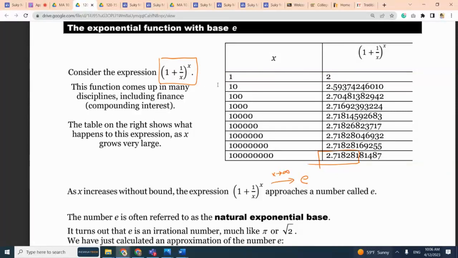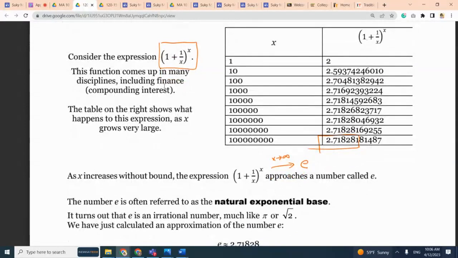When you plug in x equals 10, you get 2.59 something. And when you increase x, the expression gets closer to the value 2.71828. This function comes up in many disciplines, including finance, compounding interest.